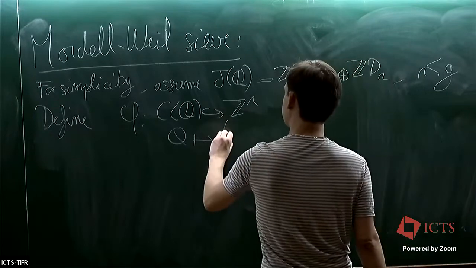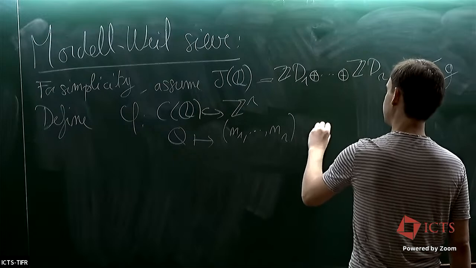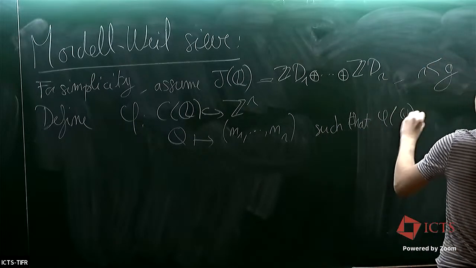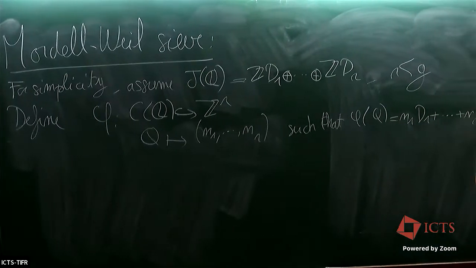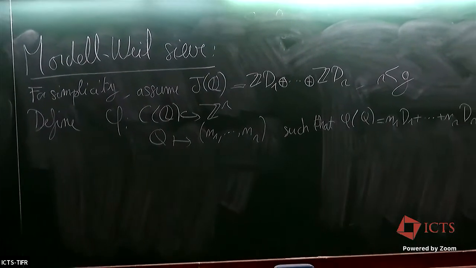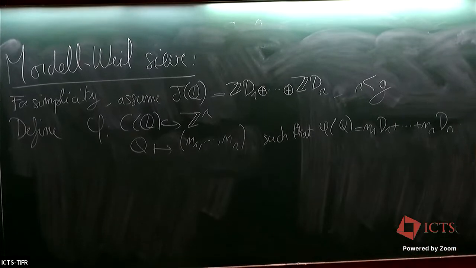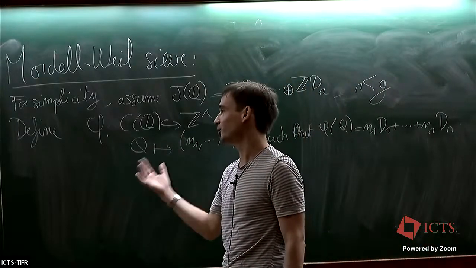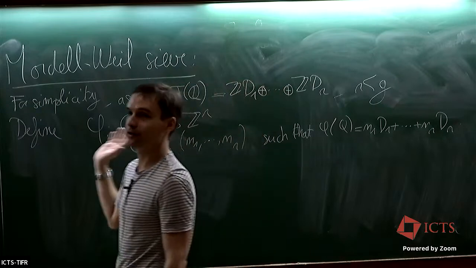So it will be the set of numbers n1, ..., nr such that phi of Q is n1 D1 plus ... plus nr Dr. The goal will be to say that the image of phi has to be very, very small, and to end up with so few possibilities that I already have all the solutions.